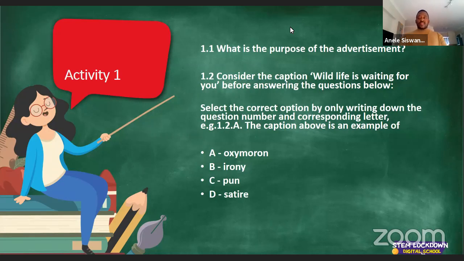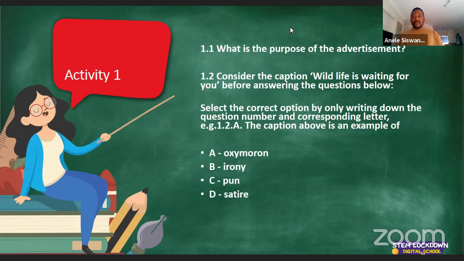Secondly, consider the caption, wildlife is waiting for you. So before you answer the questions below, you need to select the correct option by only writing down the question number and corresponding letter, e.g. 1 point.